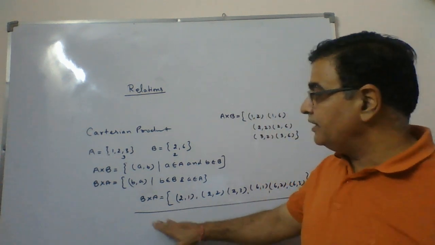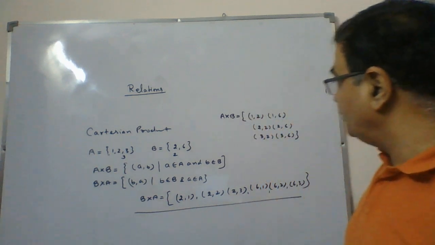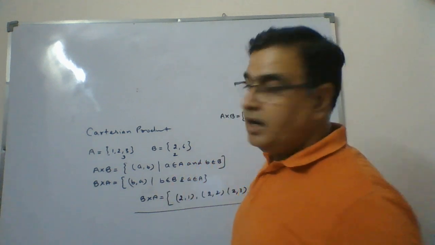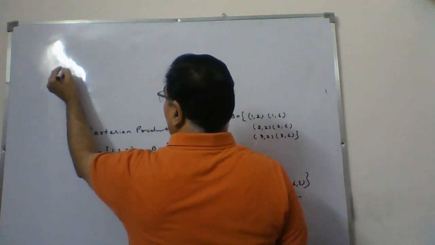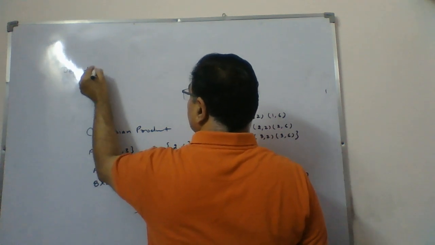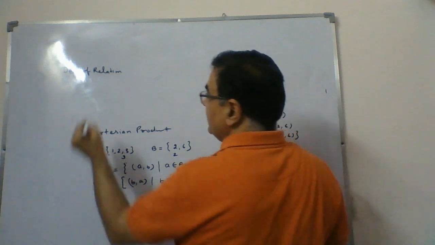So these are simply the Cartesian products we have. After this Cartesian product, we come to relation. Definition of relation. When we say definition of relation, what does it say?